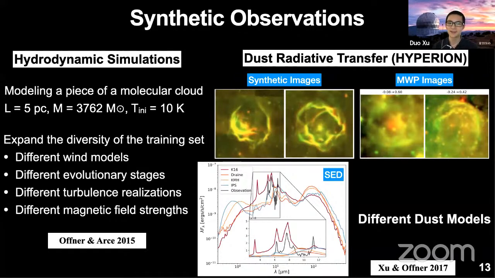To enhance the diversity of our training set, we adopt simulations with different stellar winds, different evolution stages, different turbulence, and different magnetic fields. And to simulate the dust emission, we also adopt different dust models when we do radiative transfer, to replicate almost the same features as observation.